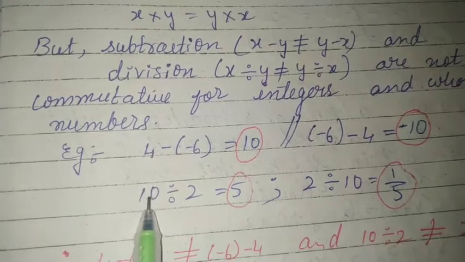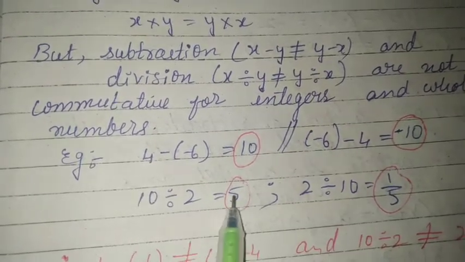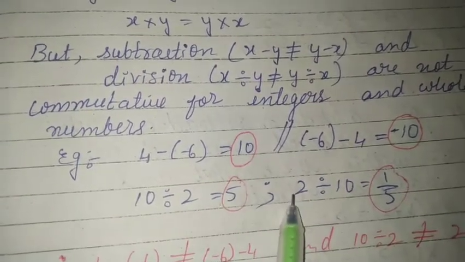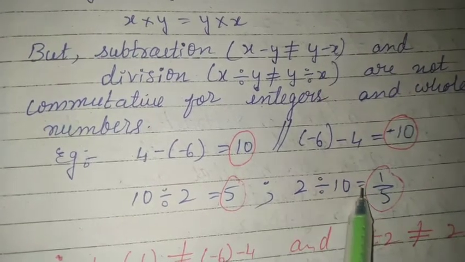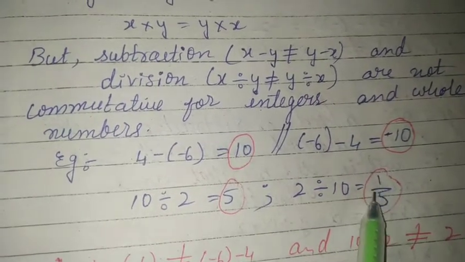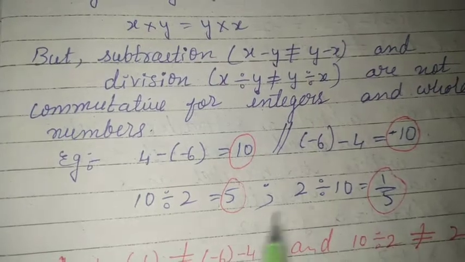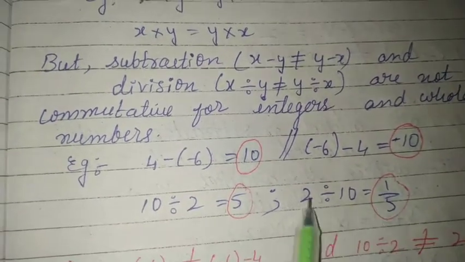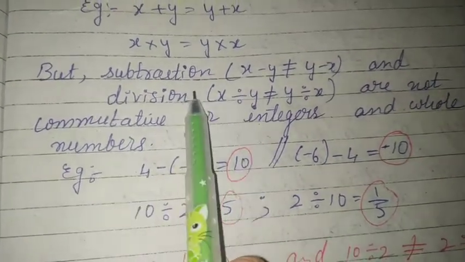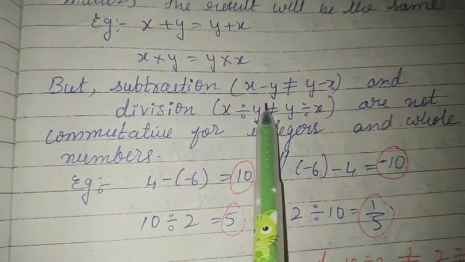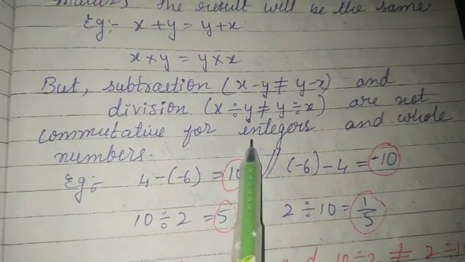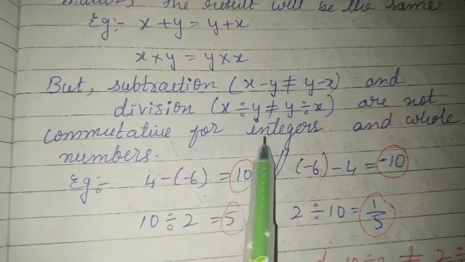In division also, 10 divided by 2 is 5, and 2 divided by 10 is equal to 1 by 5. So the answers are different. That's why subtraction and division are not under the commutative property for integers.